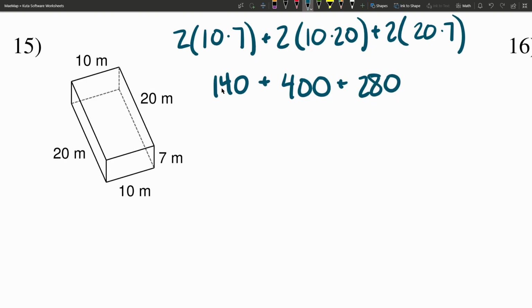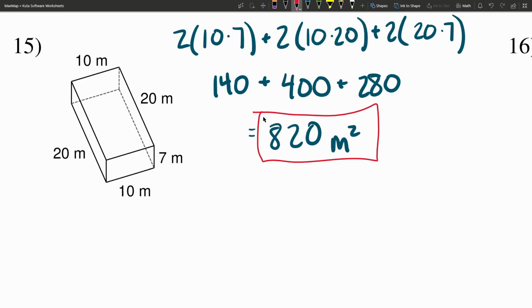Adding this all up, 140 plus 400 is 540, plus 280 is going to give us 820. So this is equal to 820, but what's our label? Meters squared. So 820 meters squared is our solution in number 15.